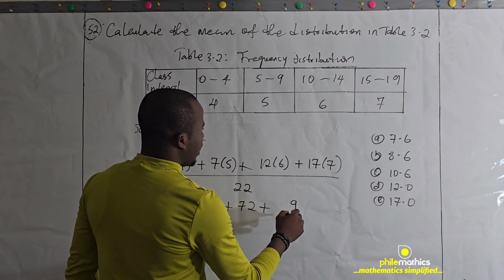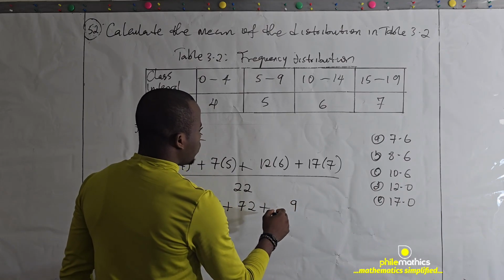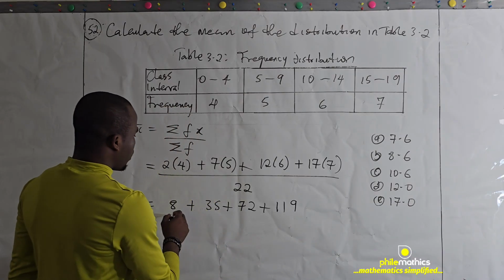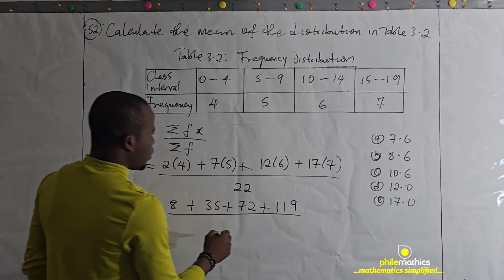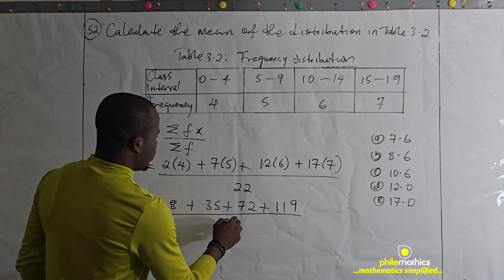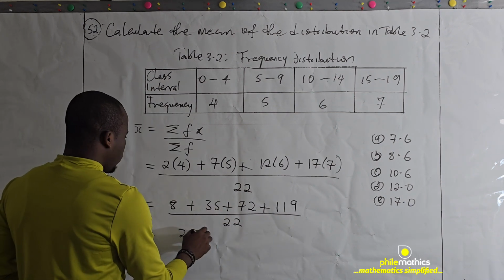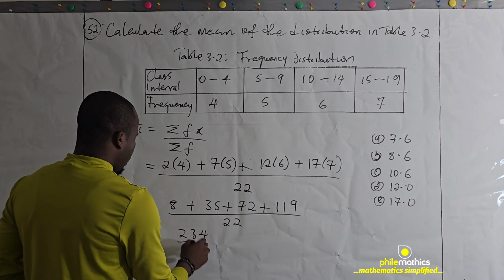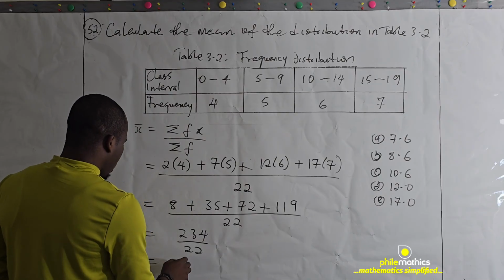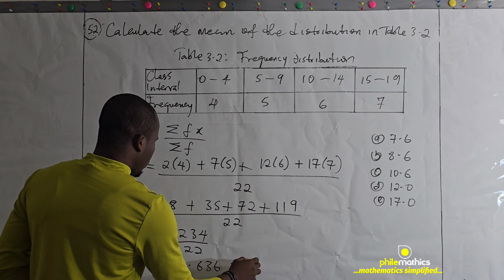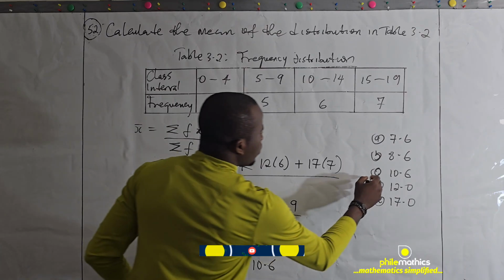Add down 9, carry 4. 7 times 1 is 7. This is 119 over 22. If we add this, we'll get 234 over 22. And if we divide, we'll get 10.636, approximately 10.6, which is C.